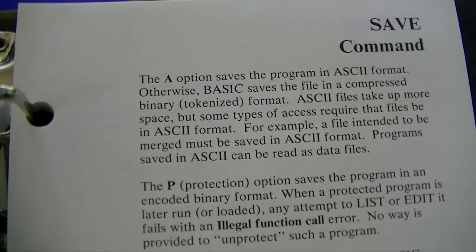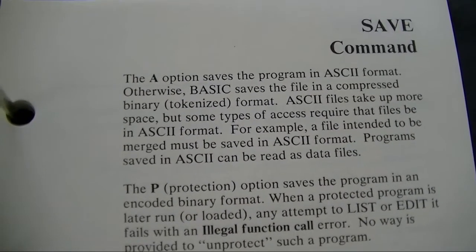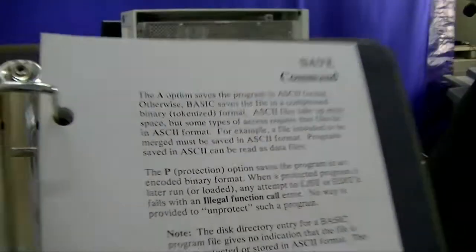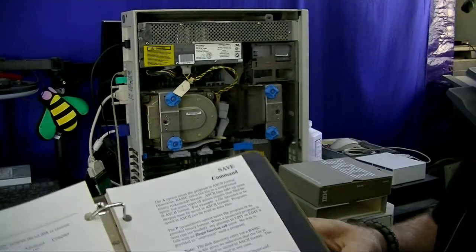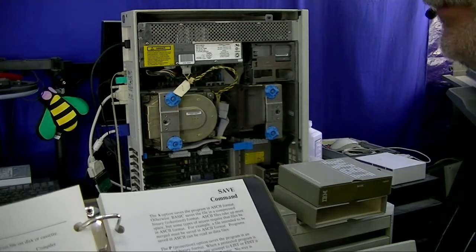ASCII files take up more space, but some types of access require that the files be in ASCII format. For example, a file intended to be merged must be saved in ASCII format. Programs saved in ASCII can be read as data files. And that's going to be the primary thing: you can read the ASCII format outside that BASIC environment in just a common text editor.